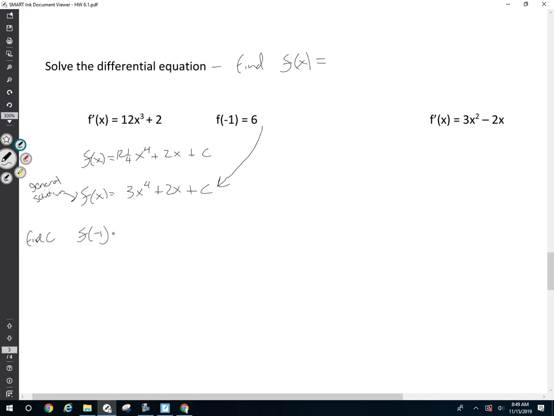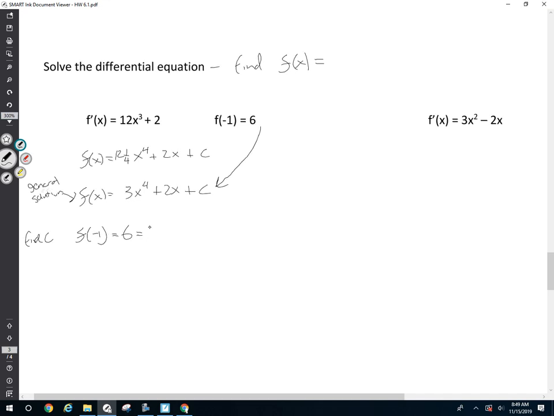Okay, so I know if I plug in -1 for x, I'll get 6. I like to kind of write it this way. So I'll plug in -1 for x. So 3 times -1 to the 4th plus 2 times -1 plus c.